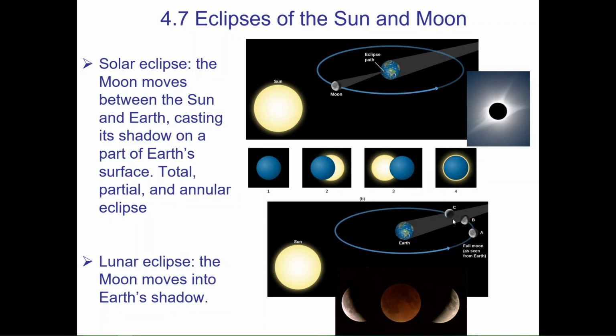The lunar eclipse won't be as significant as the solar eclipse in terms of our experience, because when you look at the lunar eclipse, it always happens during the night in what we call the full moon position, because the moon has to be on the opposite side of the sun compared to the Earth.